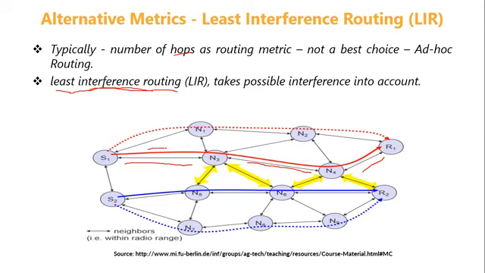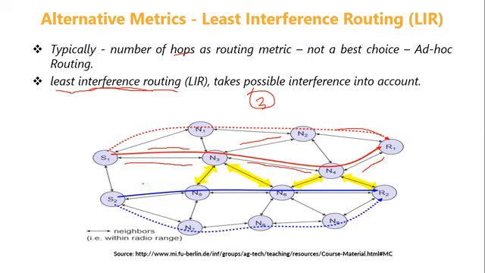Similarly, there is another path: S1 to N3, N3 to N2, and N2 to R1. Both these paths have only three hops. There is no other path with fewer than three hops. So if you use hop based routing, then any one of these paths will be considered the best path.